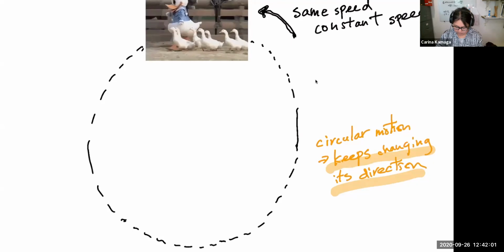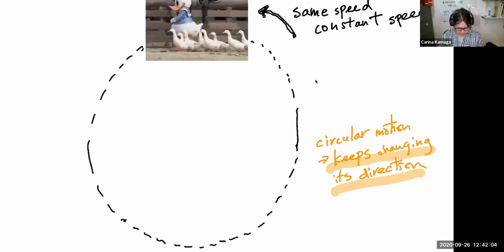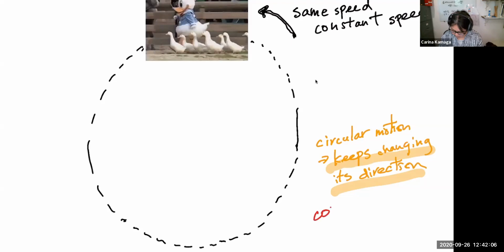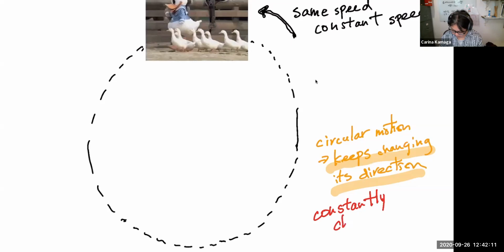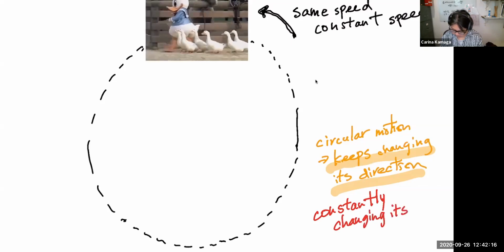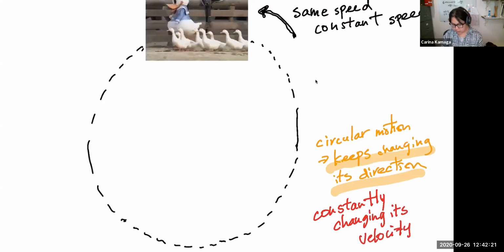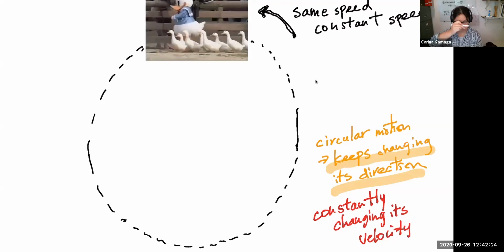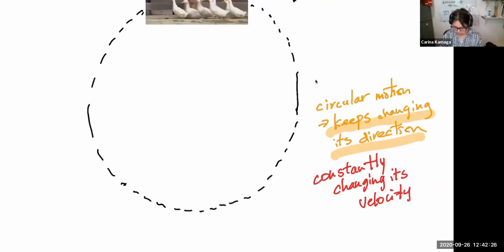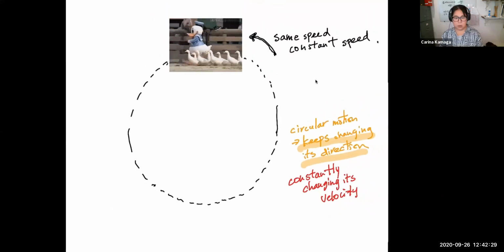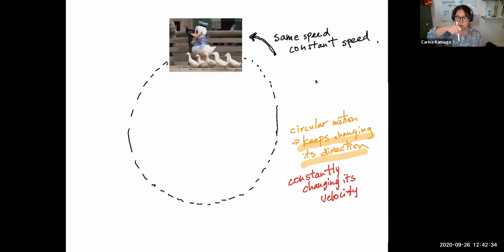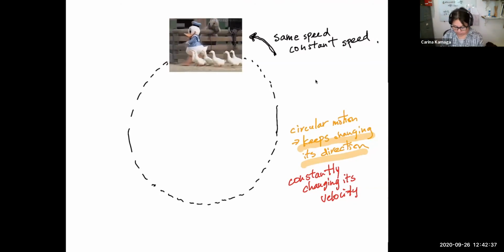So that means it's constantly changing its velocity. Speed doesn't change, but velocity is constantly changing because it keeps turning, right? So even though you can have what looks like a smooth speed, whenever you turn, you have a change in velocity.